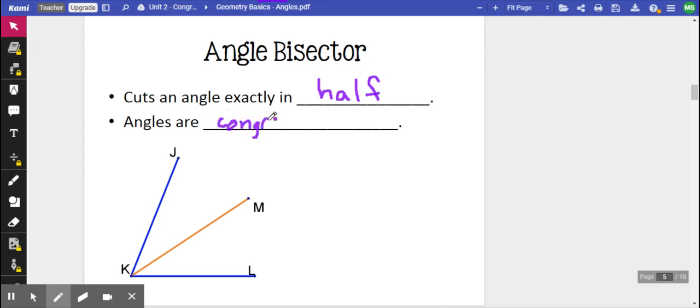Angles are congruent. Just remember that that means the same or equal. And frequently you'll see angle markings like a little stripe there, 2 of them. And then on this angle MKL, we do have another 2 of these to show that they both have 2 angle markings and that segment KM is bisecting that angle.